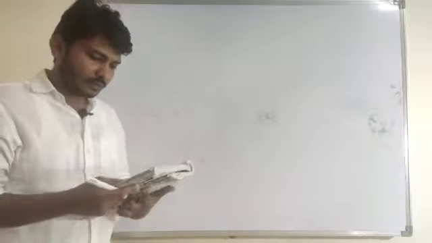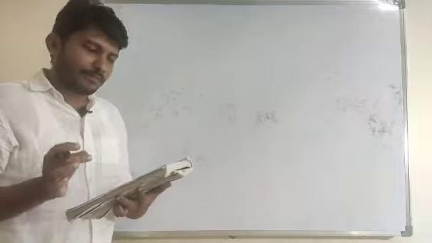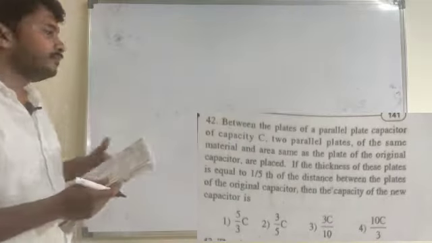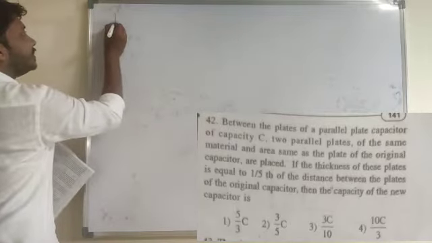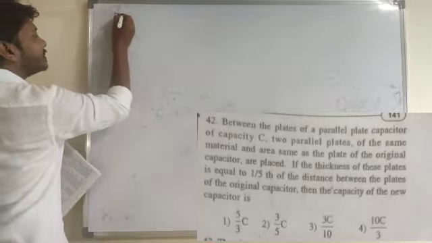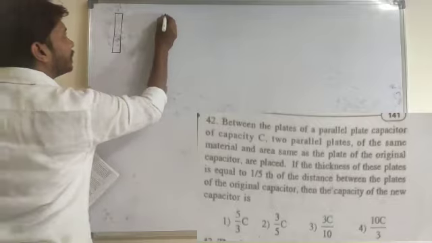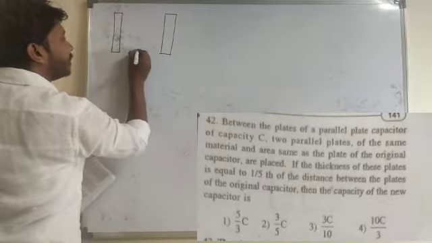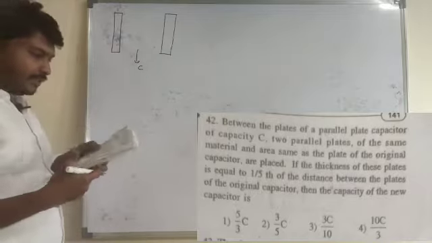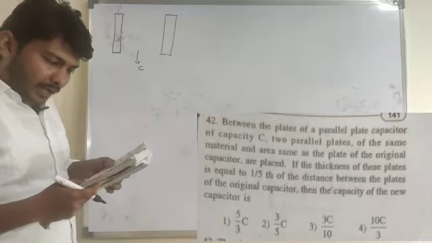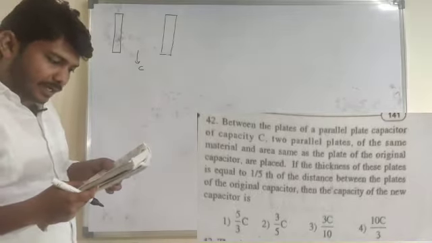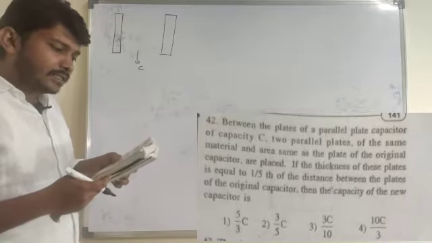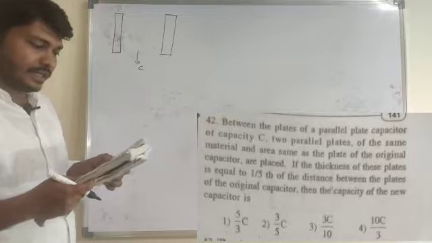Between the plates of a parallel plate capacitor of capacity C. So two plates are there. Between these two plates, its capacitance value is C. For example, this is one plate and this is another plate. Two parallel plates of the same material and the same area as the plates of the original capacitor are placed.